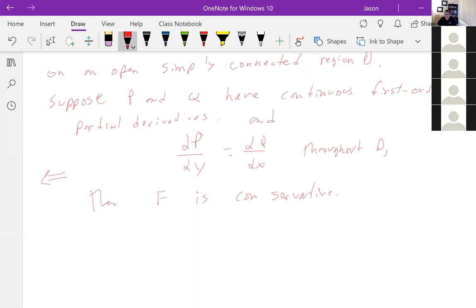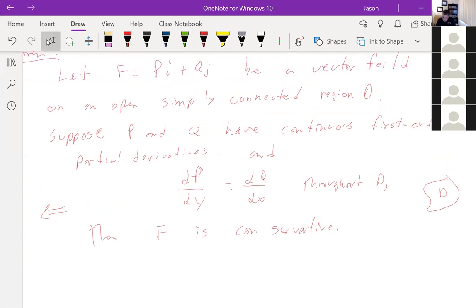So we're saying that if we have a simply connected region D, and P and Q have continuous first order partial derivatives, we have all this set up, and the partial of P with respect to y equals the partial of Q with respect to x. If all of that aligns, then F is conservative.